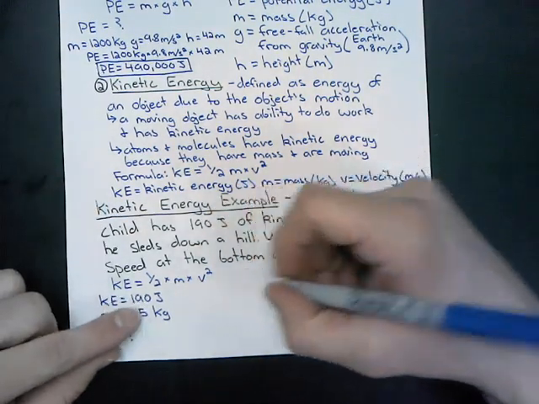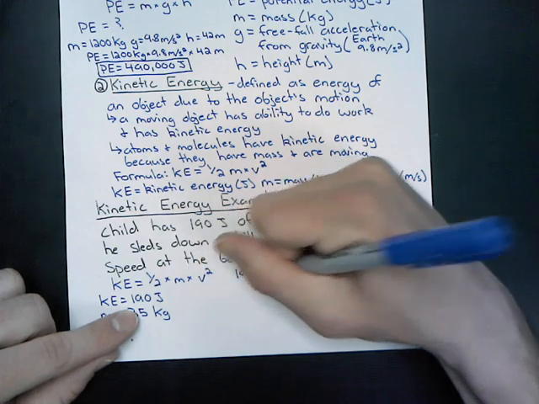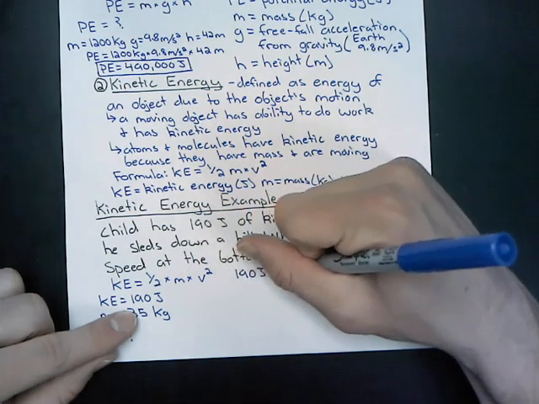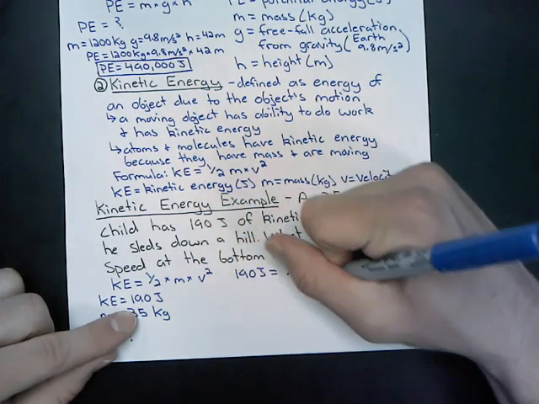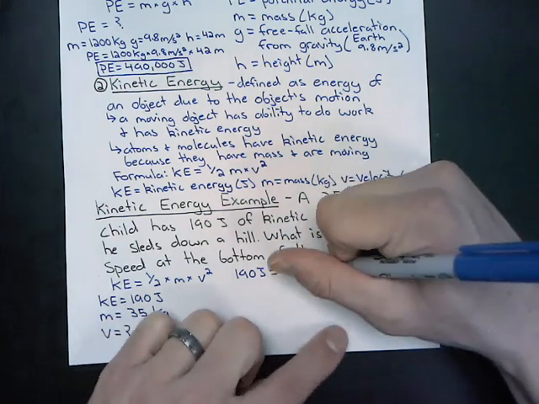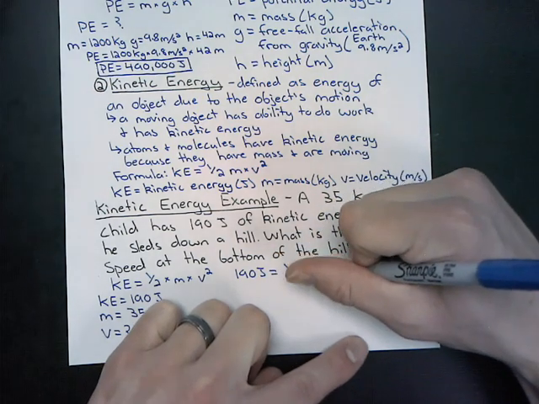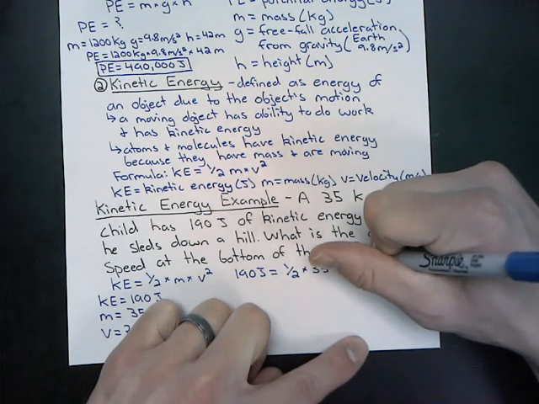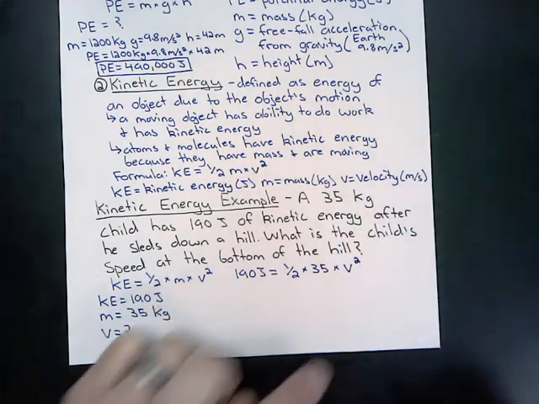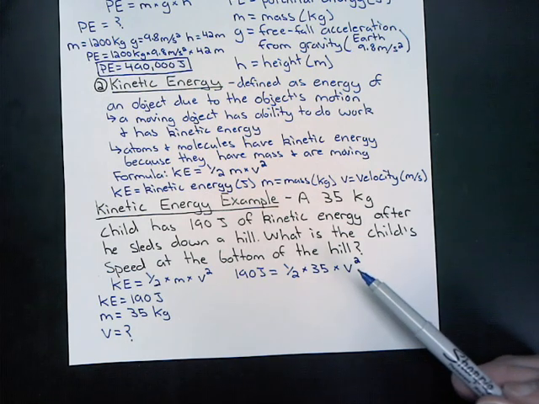Now, we're going to plug these numbers back in. So 190 joules is equal to half times the mass, which is 35, times our velocity, that's going to be squared. Now, we have to be very, very careful because we have this squared term.